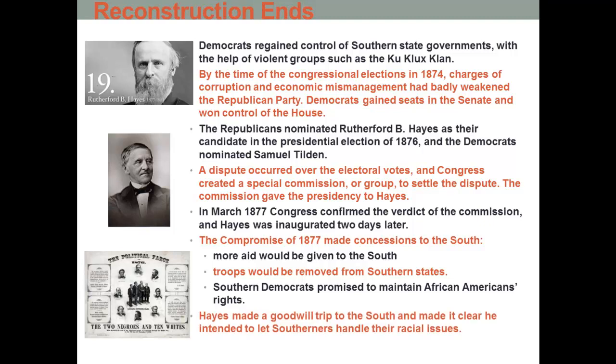Hayes followed his inauguration by making a goodwill trip to the South. While there, he made it clear he intended to let the South handle their racial issues, and Reconstruction was now officially over. Once the Union military left the South, Southern leaders found ways to prevent African Americans from voting, despite the 15th Amendment and the Compromise of 1877.